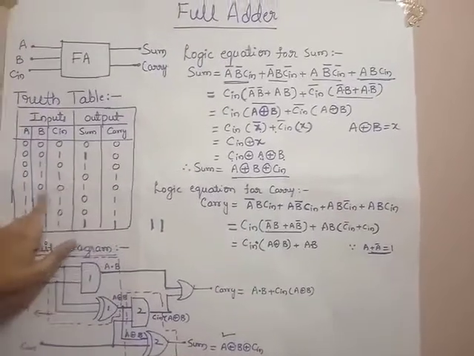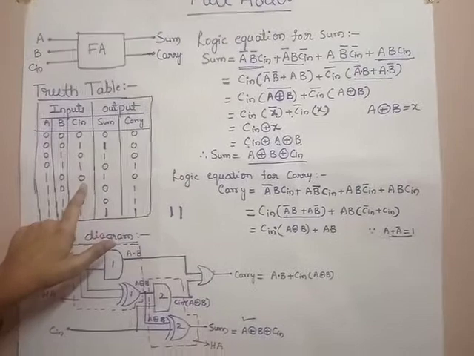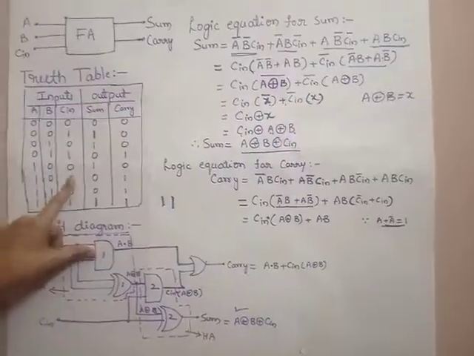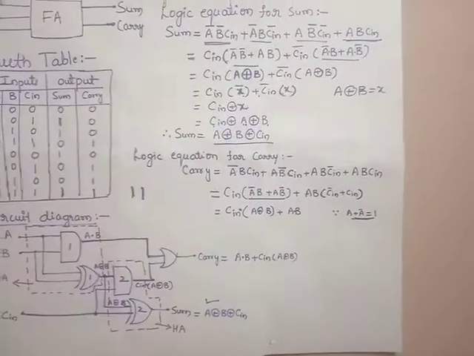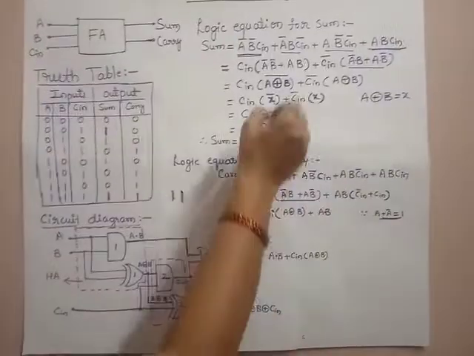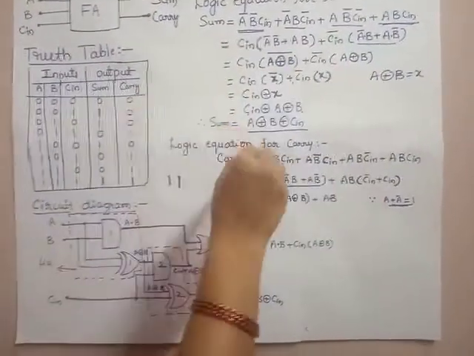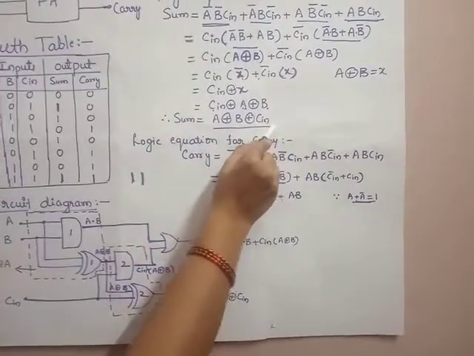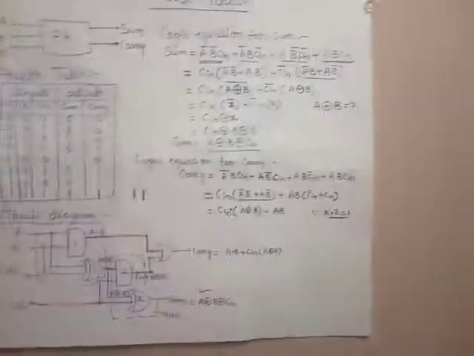Next one is for 1 0 0, that means we have to put bar on B and Cin. Next one is for 1 1 1, so there are no bars. If we solve this equation by using Boolean algebra, we will get the expression A XOR B XOR Cin. So for sum we require two XOR gates.